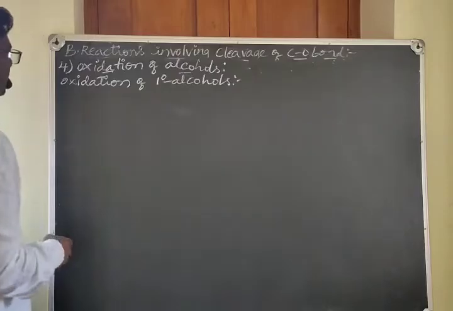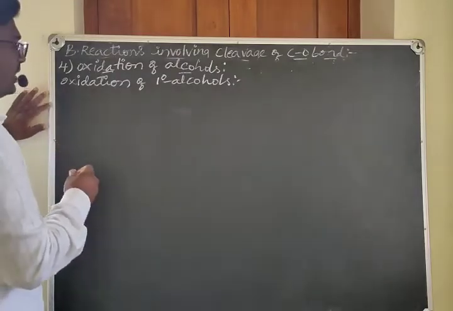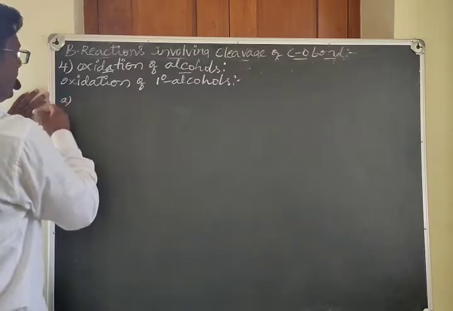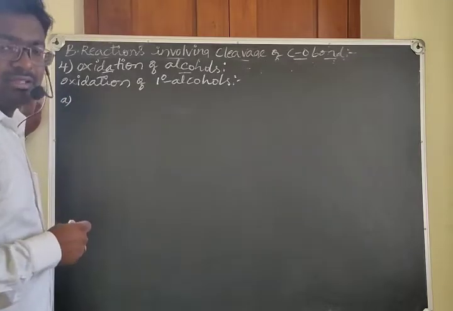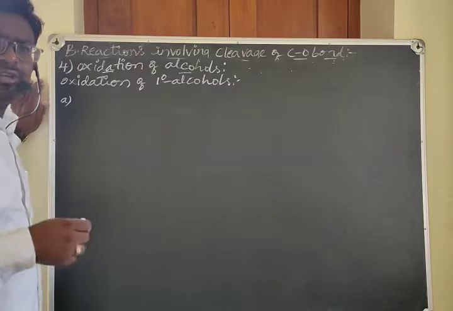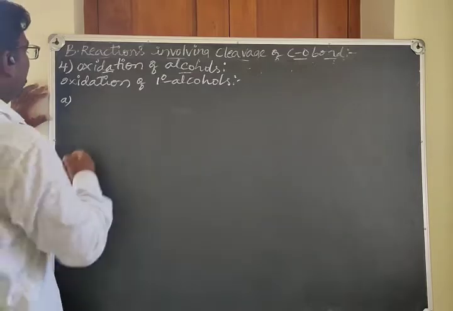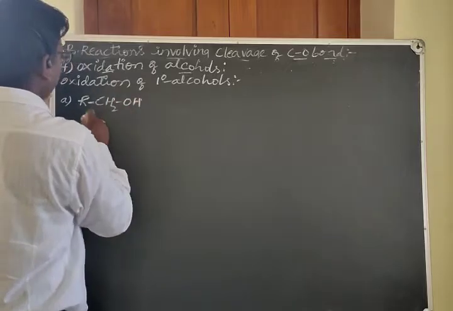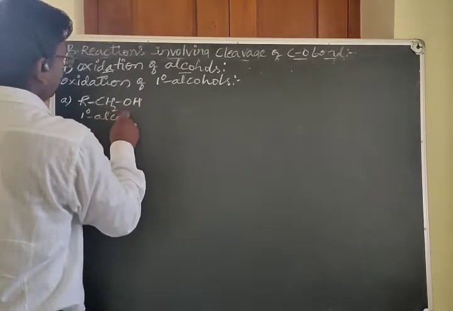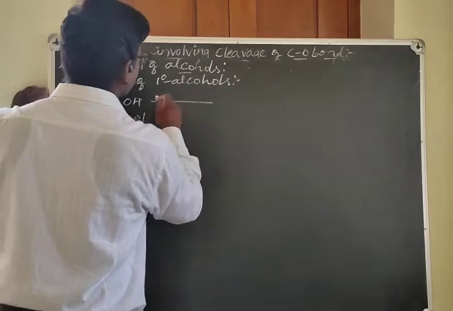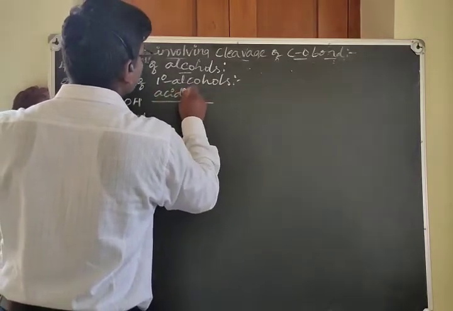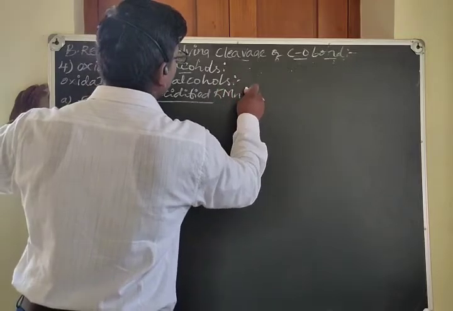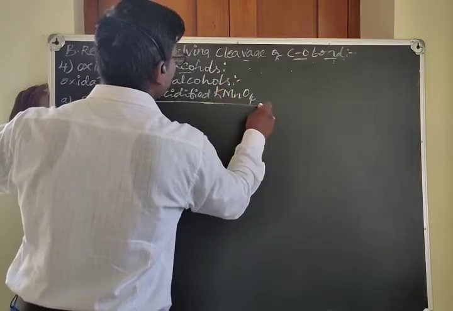Let's consider the oxidation of a primary alcohol with acidified KMnO4. KMnO4 is a strong oxidizing agent. For example, you have a primary alcohol. When it is treated with acidified KMnO4, what happens?